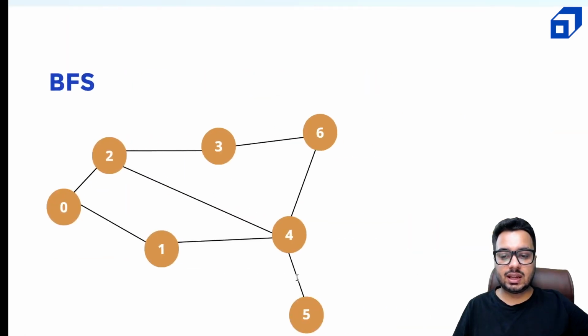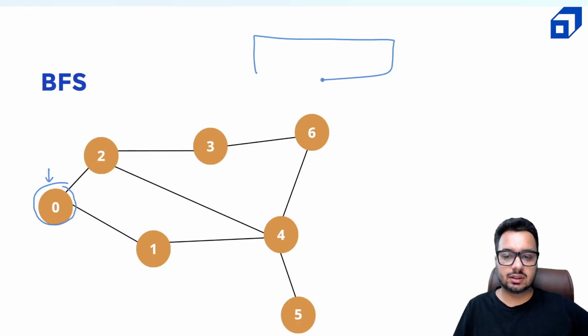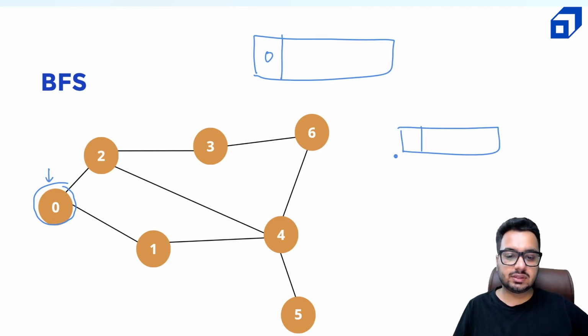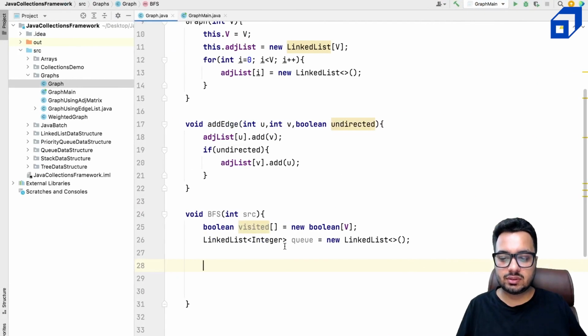Now let's start with the algorithm. In the first step, I will start with the source node, mark it as visited, push it into the queue. So I have to do three things. Mark it as visited, so visited of source is going to be true. Then I will traverse the neighbors of this node.